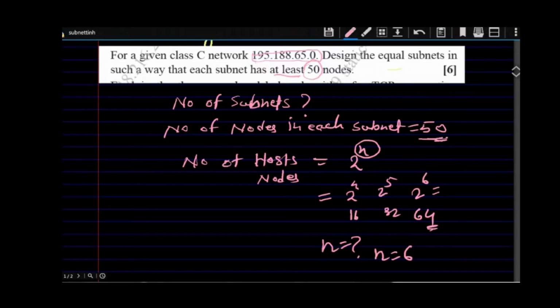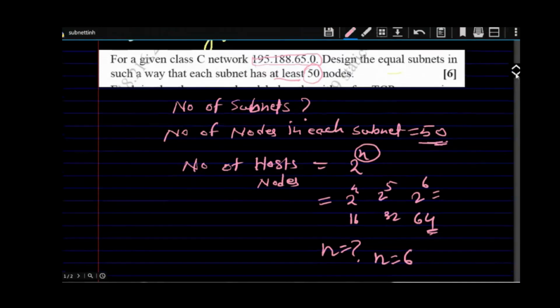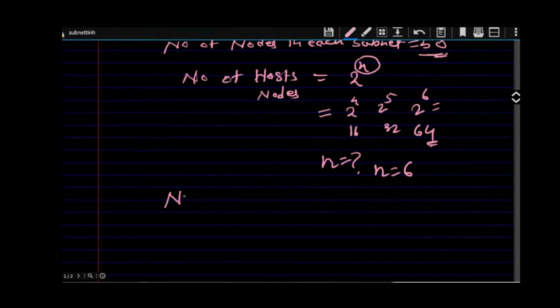That means the number of hosts or nodes in each subnet should be equal to 64.